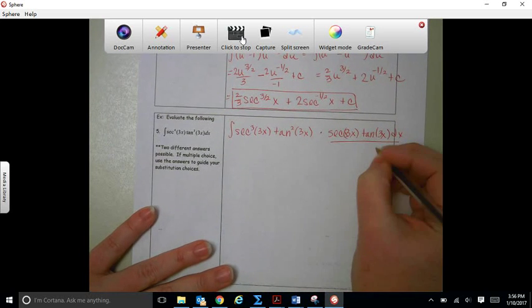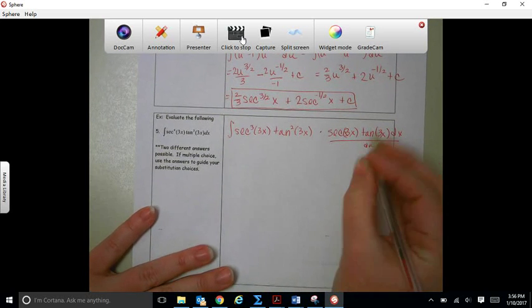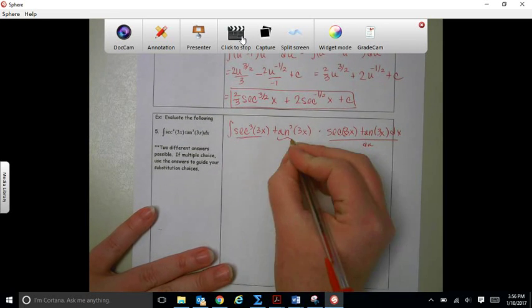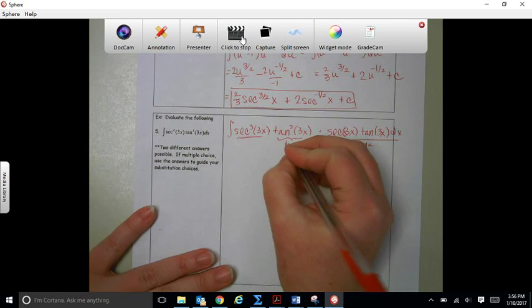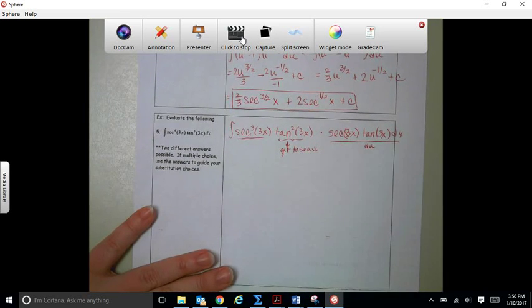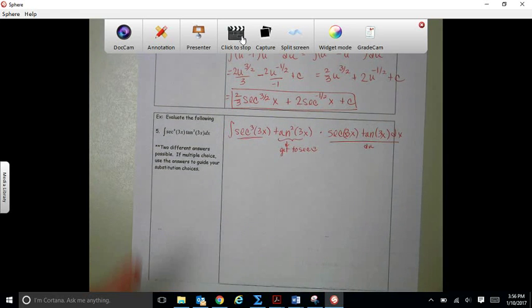And if that's what I'm taking out, then I know my u needs to be in terms of secant. So I can take that tan and get it to secants. That's one option.